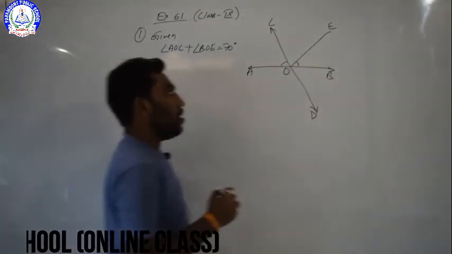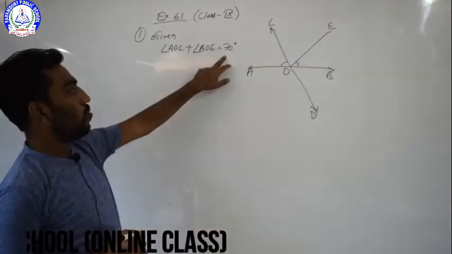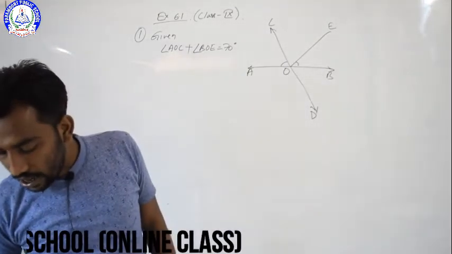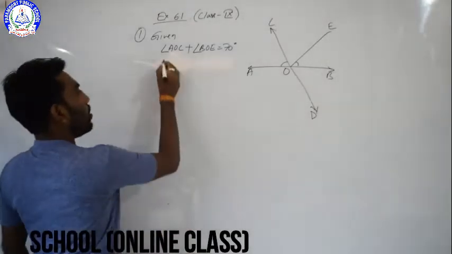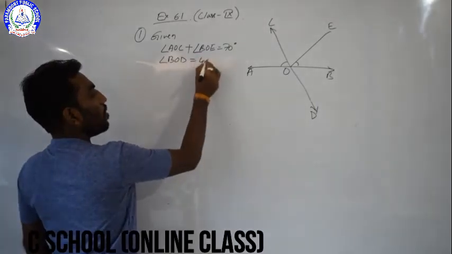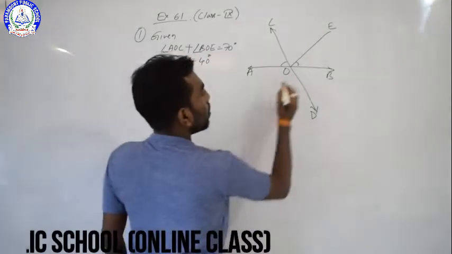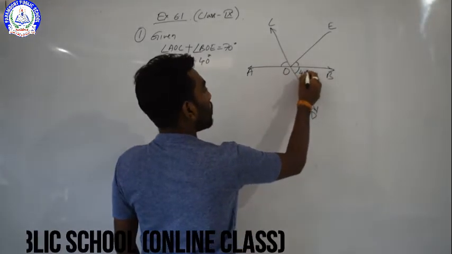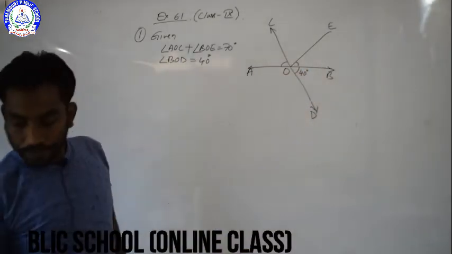If I add, what is the total sum? Our total sum is 70 degree. And angle BOD equal to 40 degree. Where is BOD? Our BOD angle is this. This is 40 degree. Okay, student?